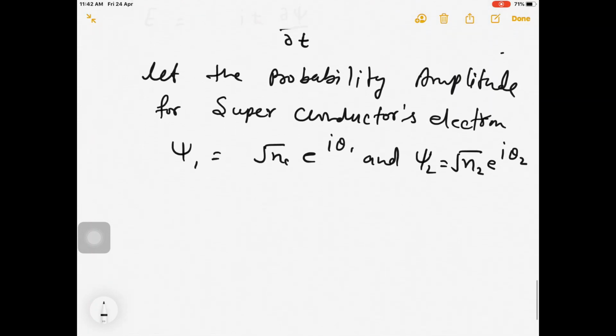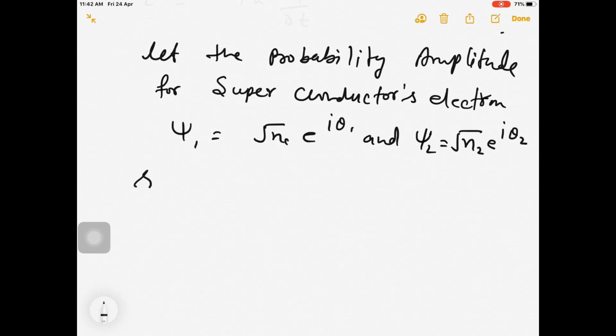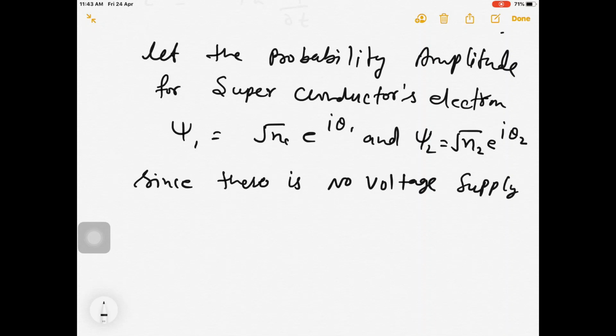Okay, now since there is no voltage supply, the potential energy is 0 in the DC Josephson effect.